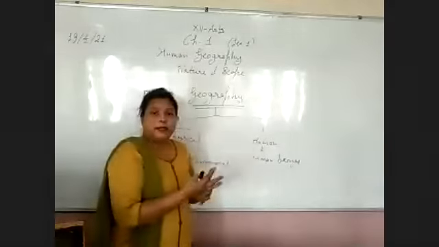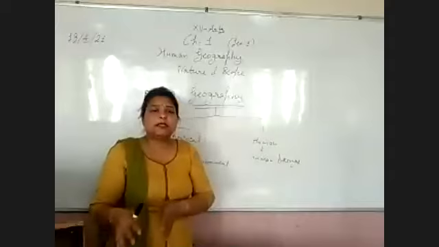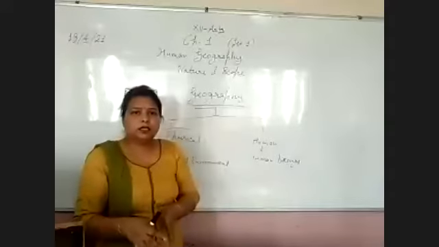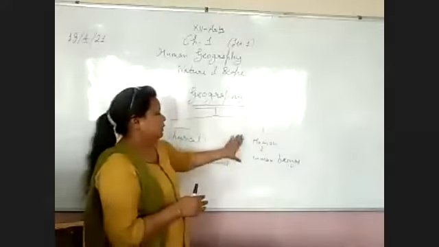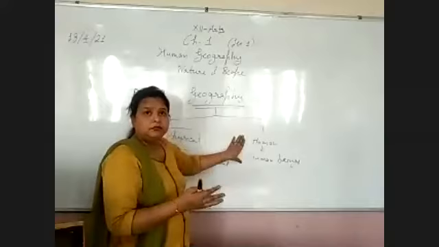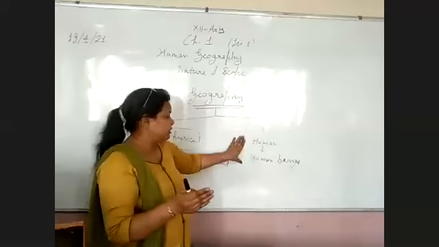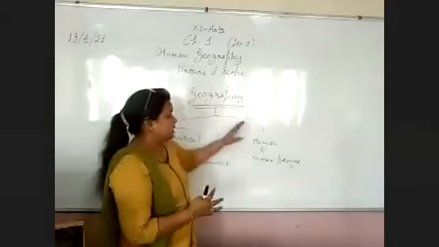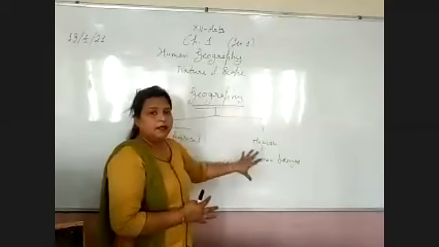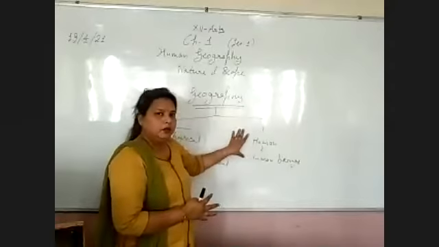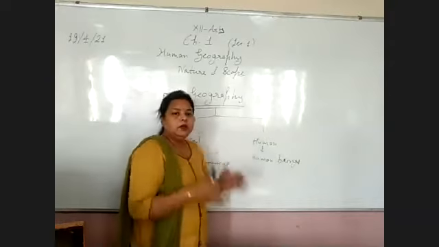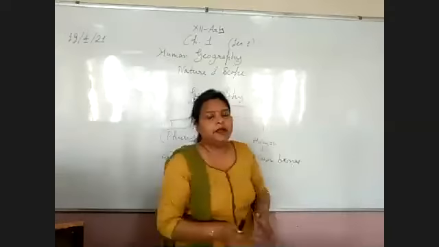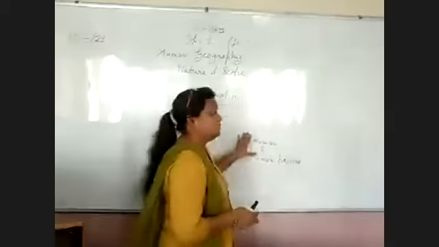Now, human settlements, which types of human settlements are found over the surface of the earth, right? So, population composition जिसको हम कहते हैं, ये सारी चीजें, human development, all these elements are included in human geography. And in your +2 standard, you will learn about human geography.